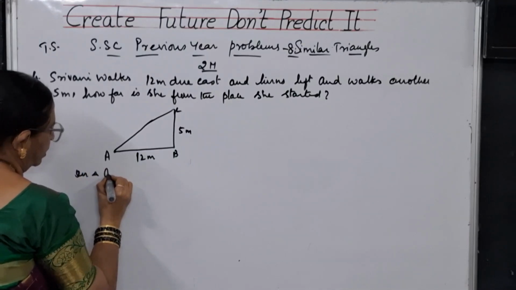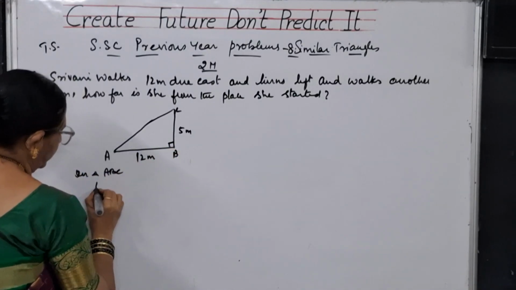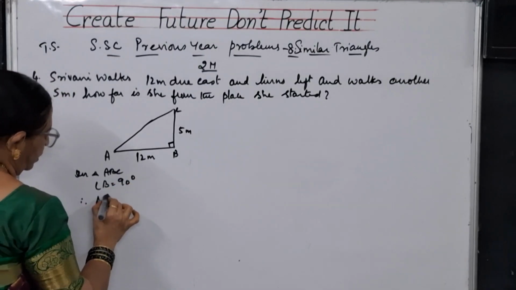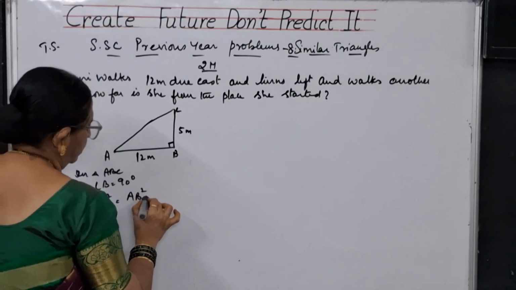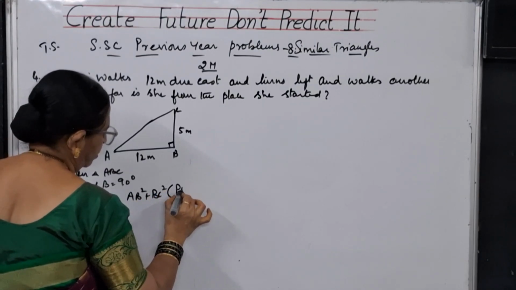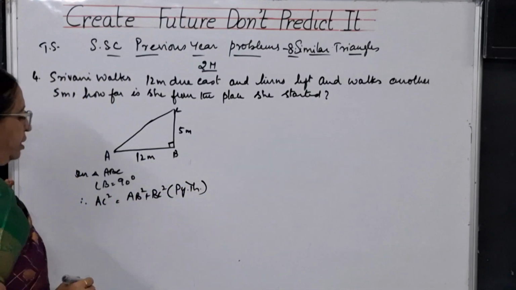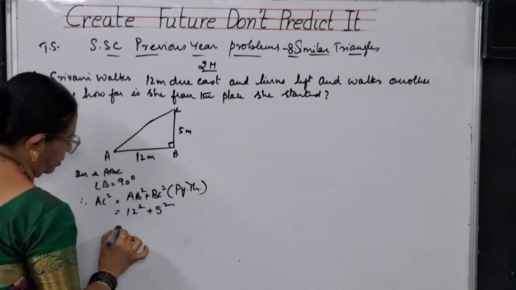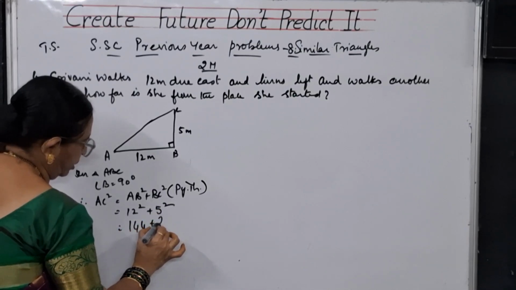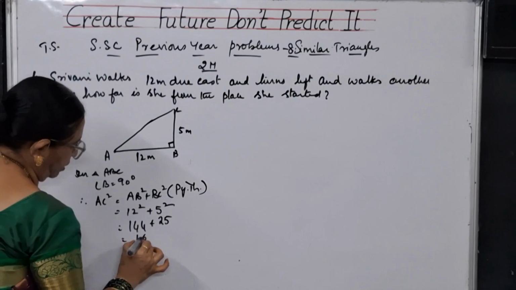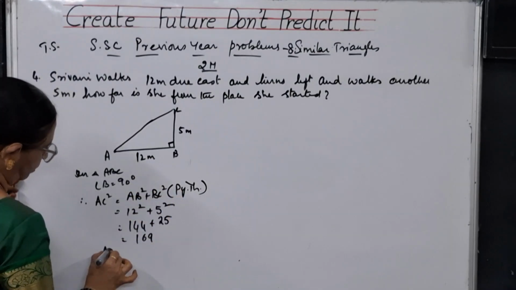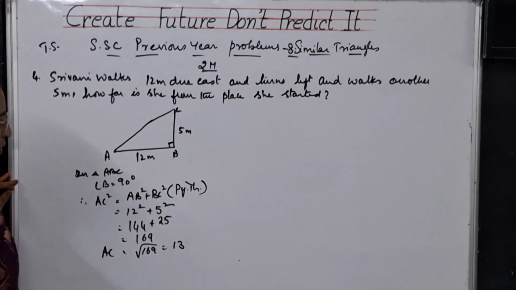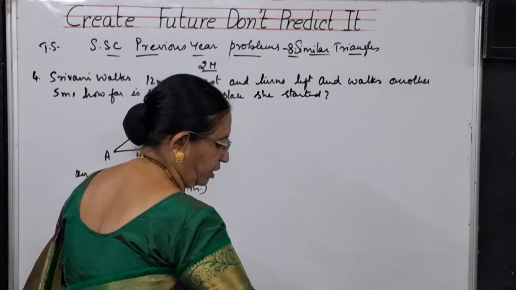So, in triangle ABC, angle B is equal to 90 degrees. Therefore, AC square is equal to AB square plus BC square because of Pythagoras theorem. So, 12 square plus 5 square, 144 plus 25, 169. So, what is AC? Root 169, that is 13. Always we have to take positive for the values here.